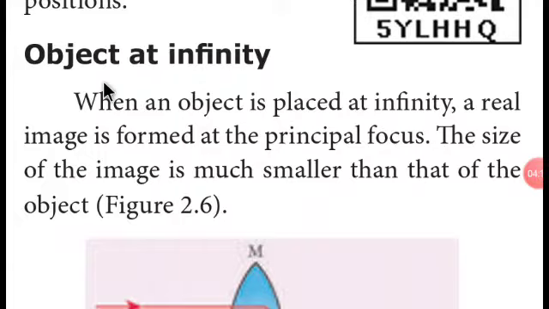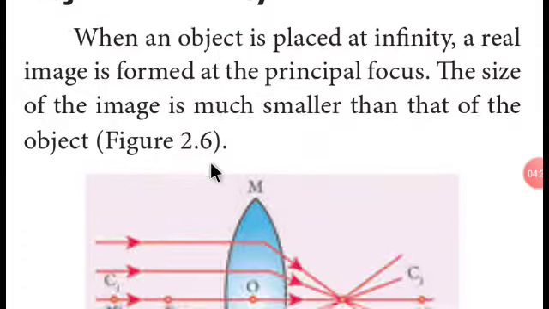I'm saying a 5 centimeter focal length lens, and the object is at 100-meter distance from the lens. 100 meter means 10 power 4 centimeter distance. So that's comparatively an infinite distance.